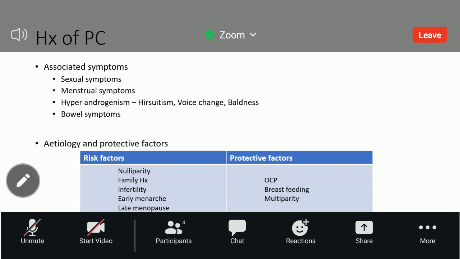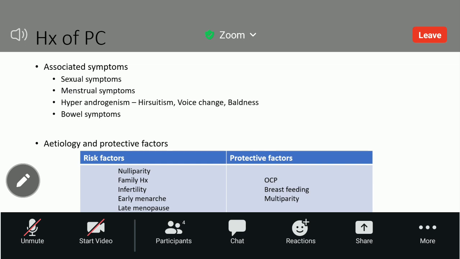Why? Because whenever there's a menstruation, the ovum should come out and the ovarian tissue should heal back. For the healing, there should be a proliferation of tissue. So that is the trauma I'm talking about here: the rupture of the ovary and release of the ovum.